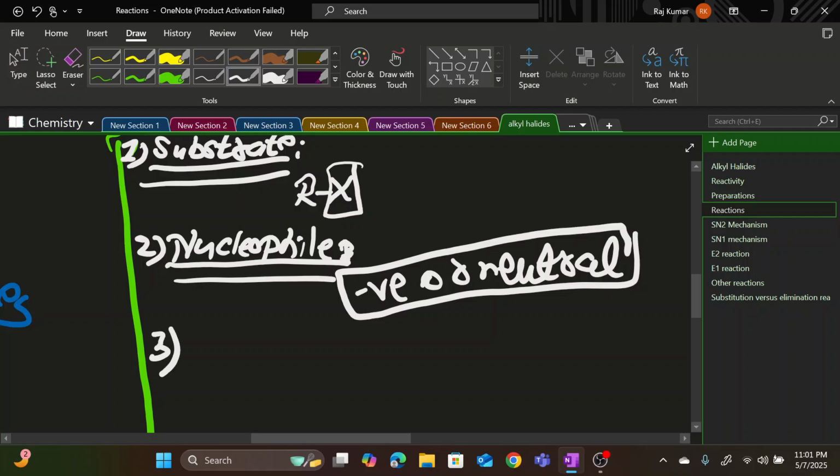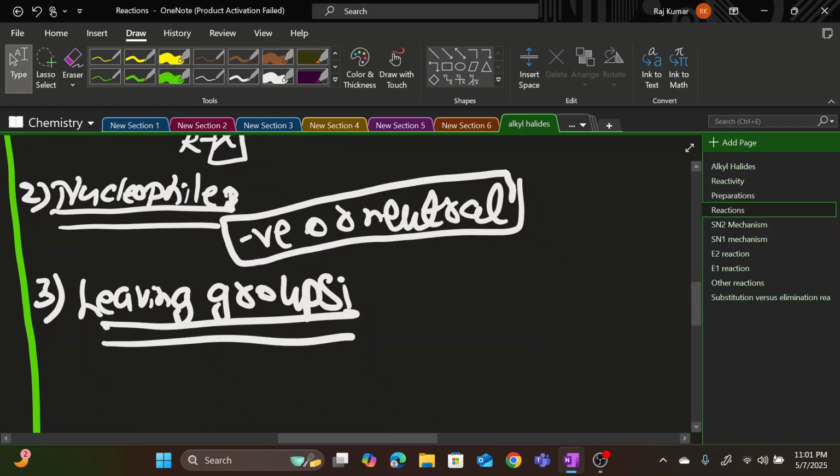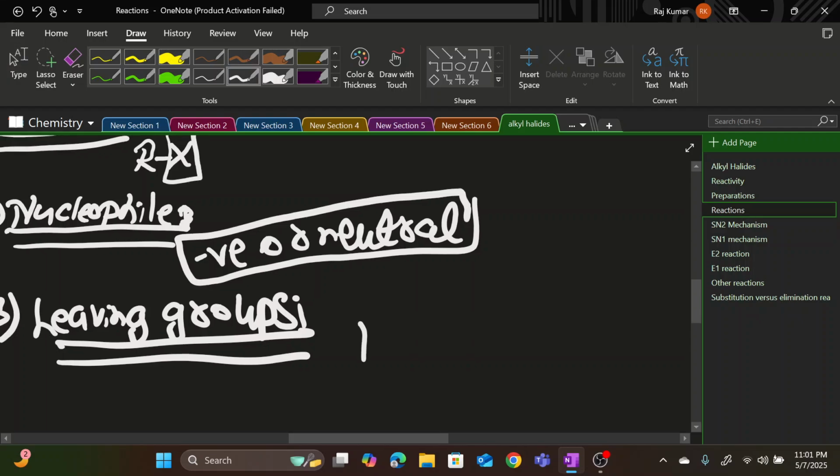And then we have leaving groups. What is a leaving group? Let's say I draw an alkyl halide. In this, the halogen is the leaving group, which leaves the alkyl halide during the nucleophilic substitution reaction.